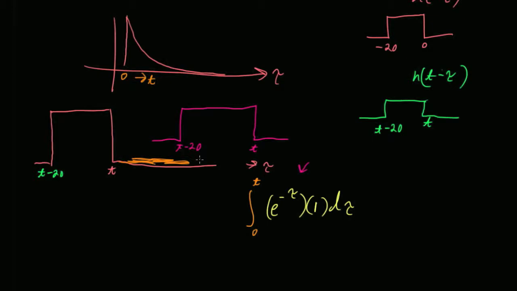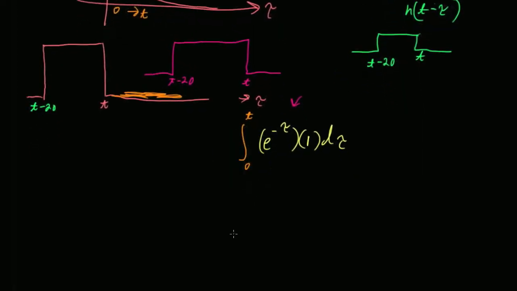I've got to change my limits of integration. So if the picture looks like this, what's my limits of integration? T minus 20 to t. And then it's the same integral, e to the minus tau times 1 d tau.